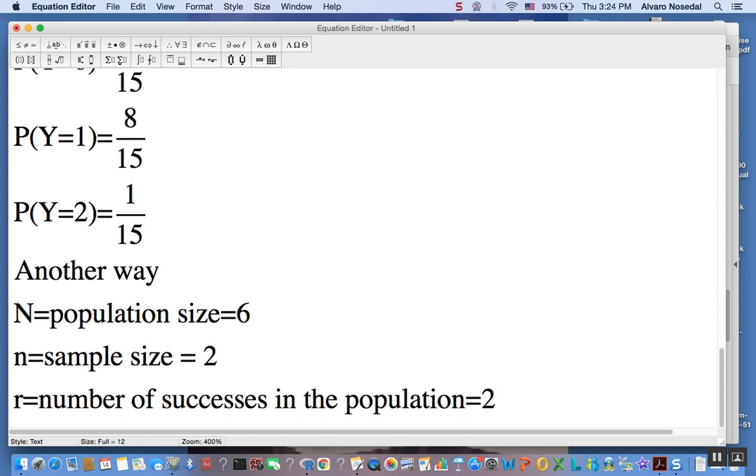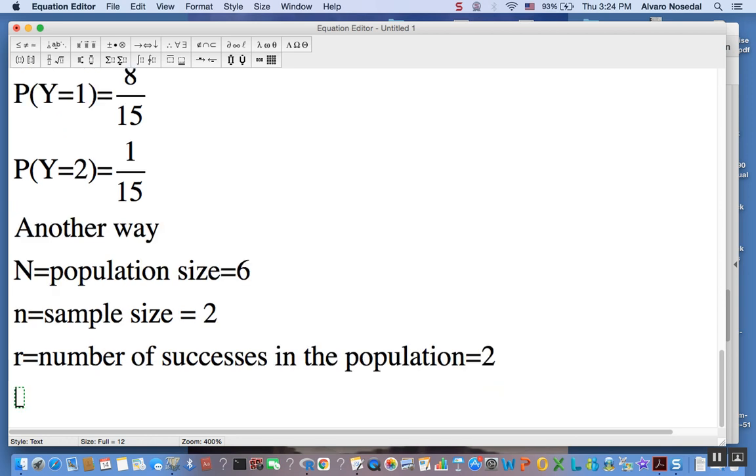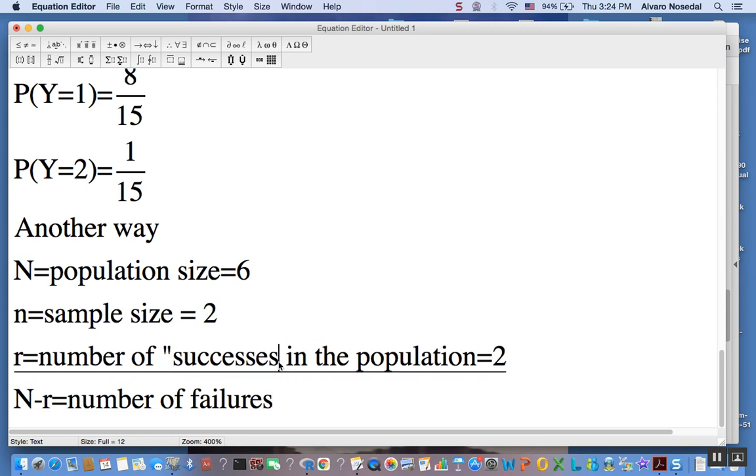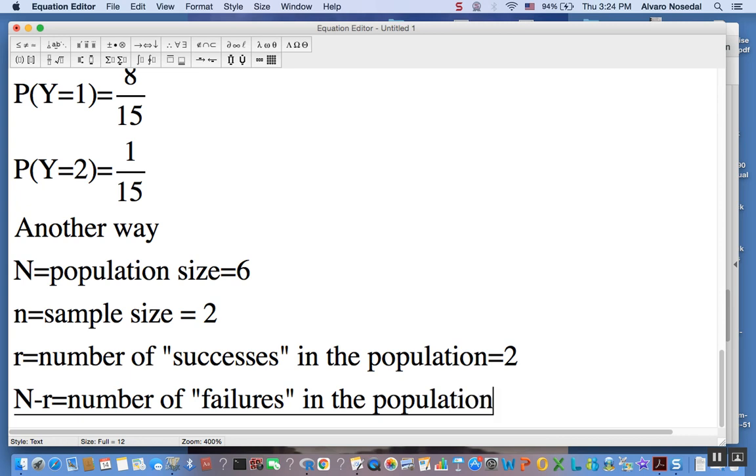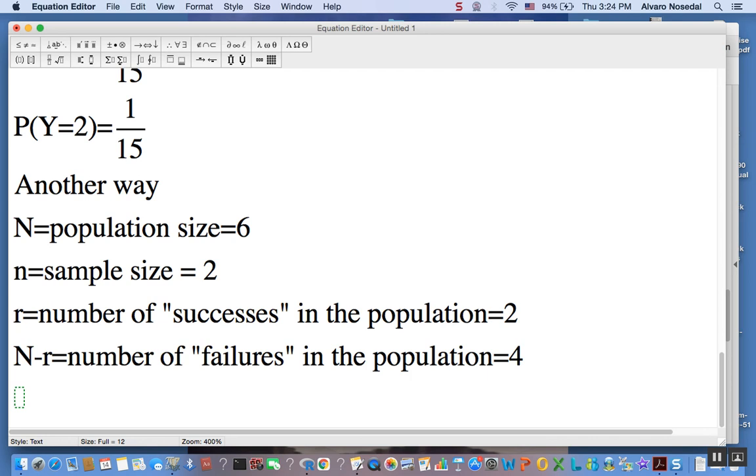And in this case, it's also 2. And finally, the difference between capital N and R is going to be the number of failures. And again, in quotation marks, because this is relative to what you are interested in, in the population. In this case, 4, right?